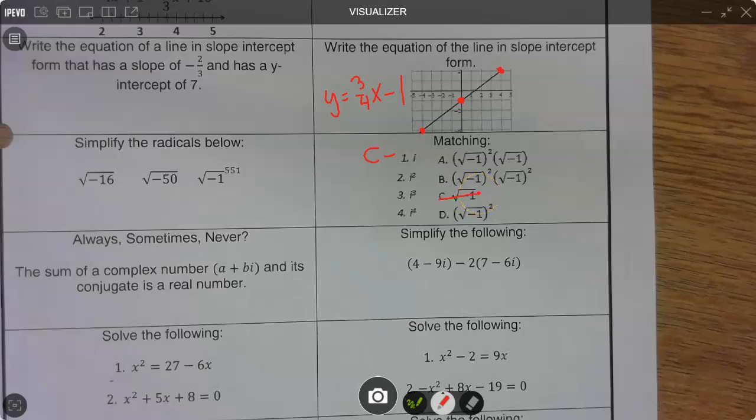So then i squared would be the square root of -1 squared. And that's why i squared is equal to -1, because the square and the square root cancel each other. So it goes C, D, and then i cubed is the square root of -1 times i. So that's A, and then B.